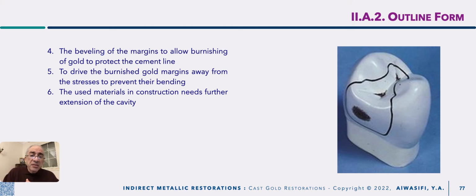It may fragment from this very thin part, so you need to widen it slightly. The same for the wax pattern, it may undergo fracture, breakage, or distortion. That's why in general the outline form seems wider than that for direct restorations.